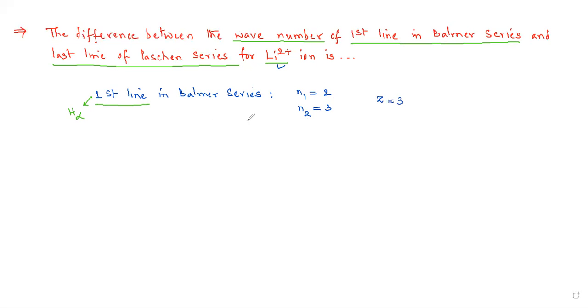Right. Coming to the last line in Paschen series. I told you that the last line in any series is called a series limit. Now coming to Paschen series. For Paschen N1 is 3.